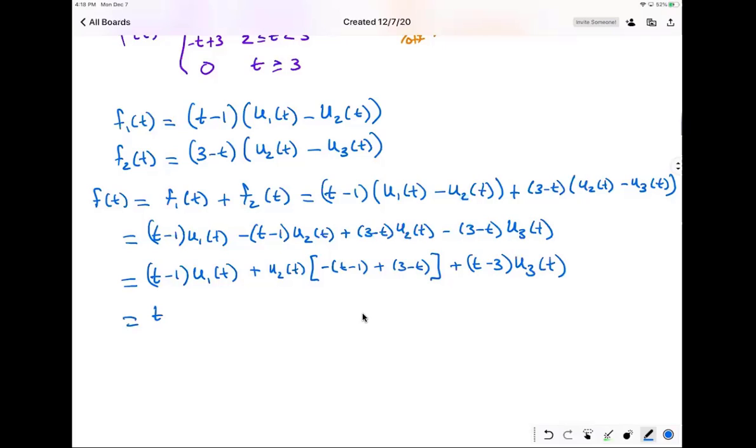So then this is t minus 1 times u1 of t plus, and let's see here, I'd have minus t plus 1, and then plus 3 with another minus t. I'd end up with minus 2t plus 4.